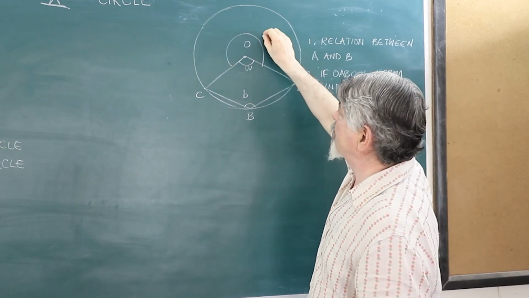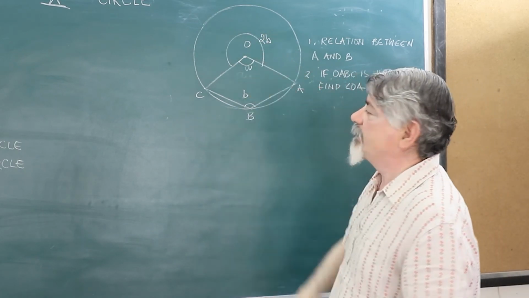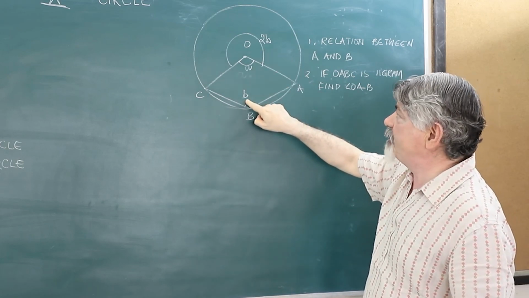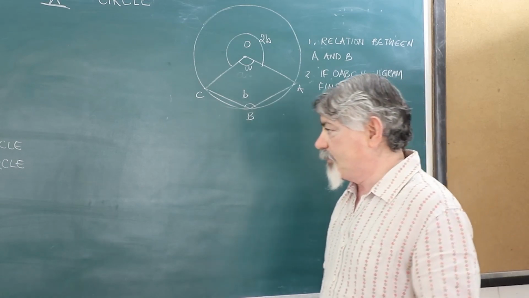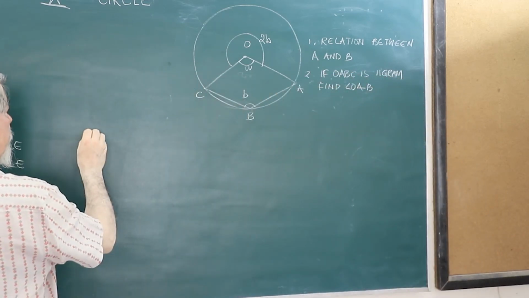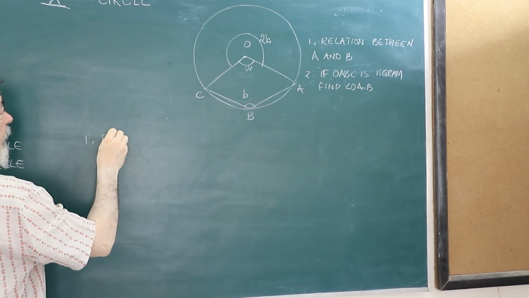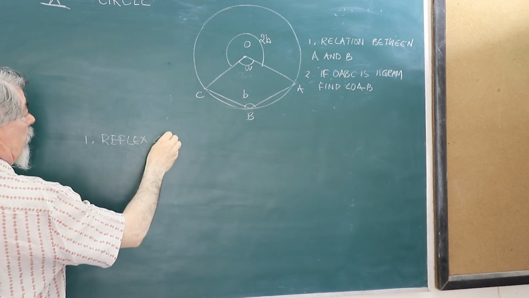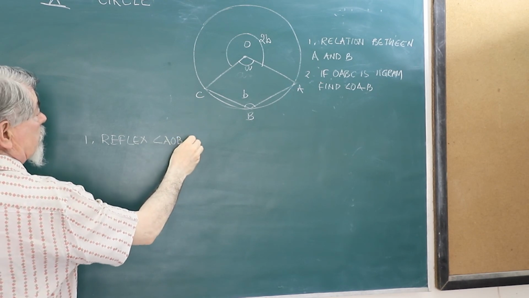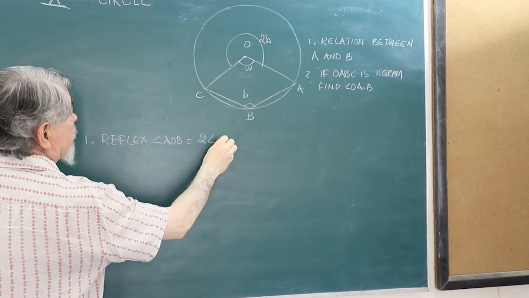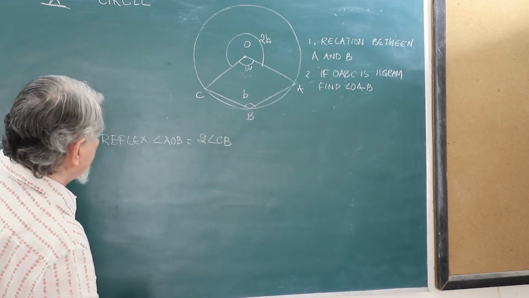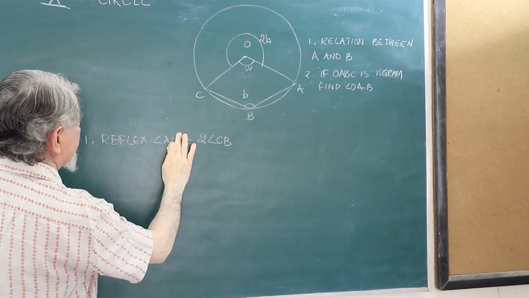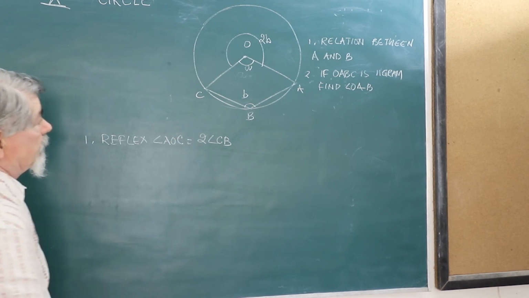If it is B, it should be double of that, 2B.